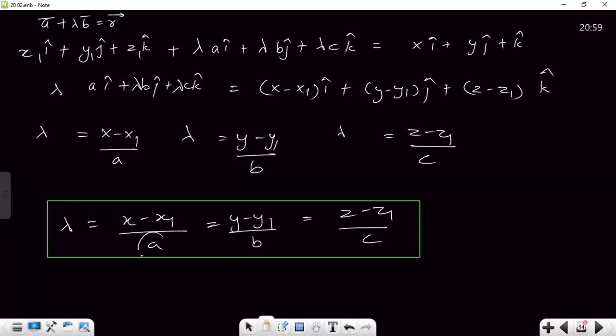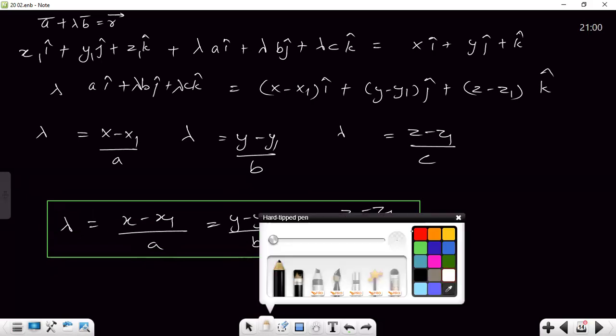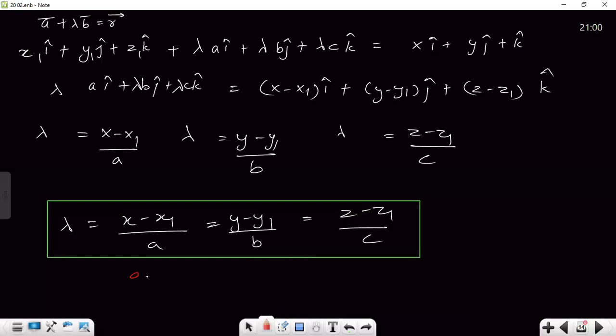Where A, B, and C are the direction ratios of the parallel vector, and x1, y1, z1 is the given point on the straight line.